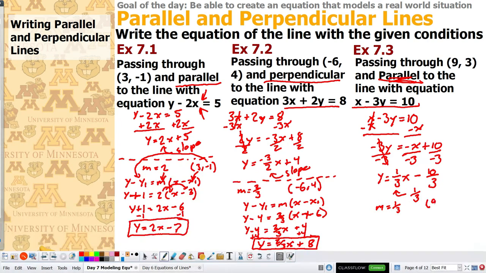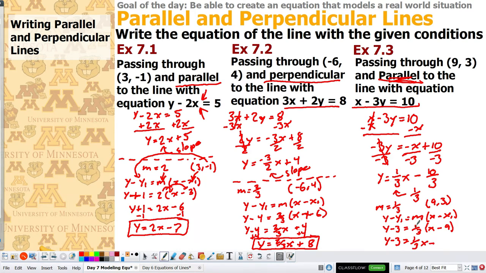So my m equals 1/3, because I want it to be parallel, so it has to be the same. And my point is (9, 3). So my y minus y1 equals m times x minus x1. So y minus 3 equals 1/3 times x minus 9.